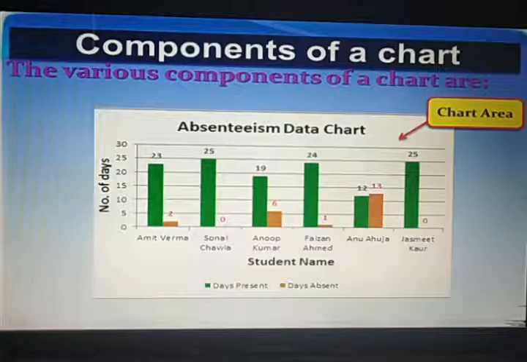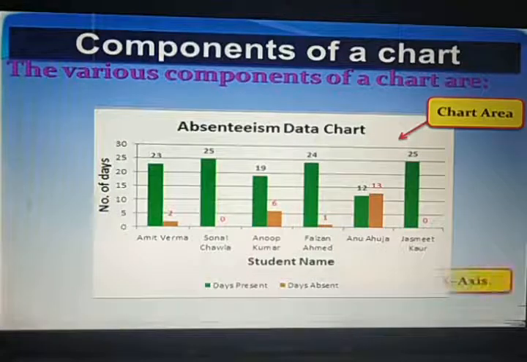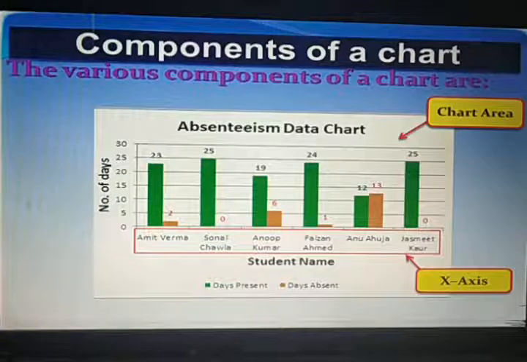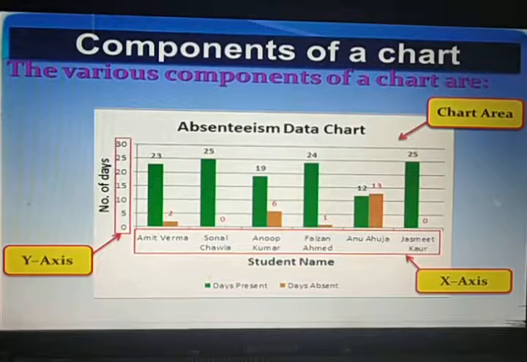The chart area contains all the parts of the chart. The X-axis or category axis is the horizontal axis of a chart. It shows the names. The Y-axis or value axis is the vertical axis of a chart. It shows the values or data series.